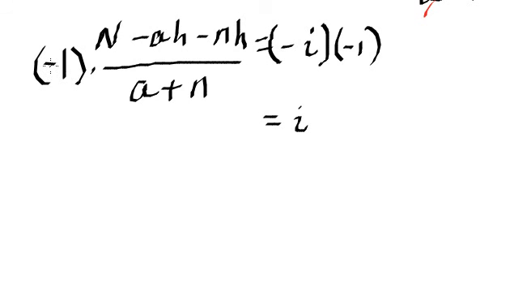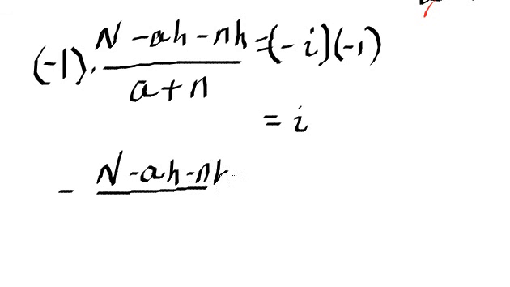So I can leave this negative out here in the front, or I can actually distribute the negative across inside up here in the top. But I think I'm just going to leave the negative out front and just rewrite N minus AH minus NH.